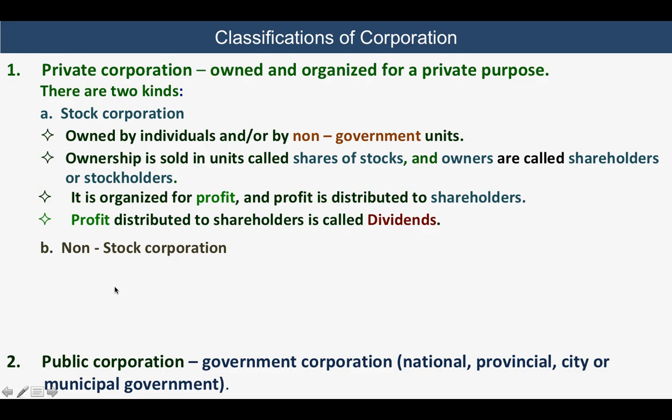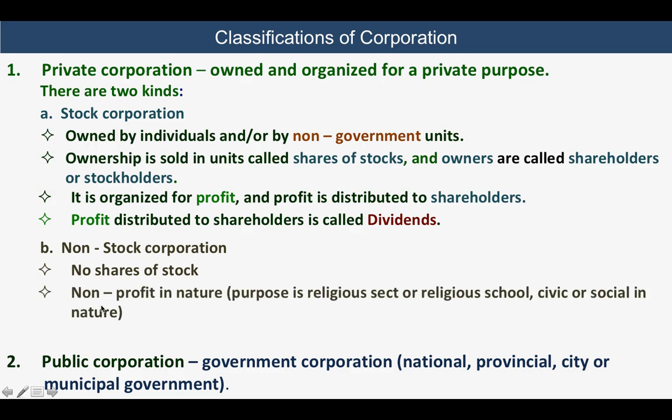For a non-stock corporation, there are no shares of stock. That's why it's non-stock. It is non-profit in nature: non-stock, non-profit; stock, for profit. Normally these are religious sects or religious schools, civic or social in nature.